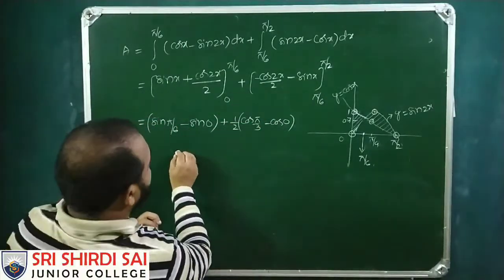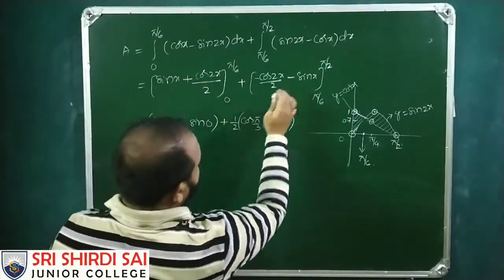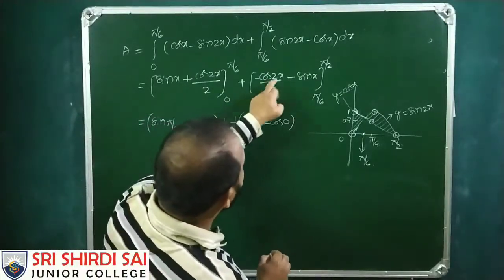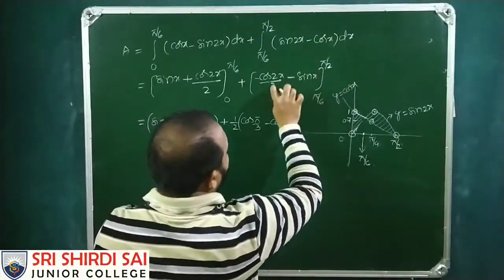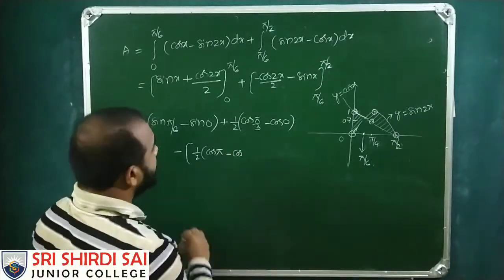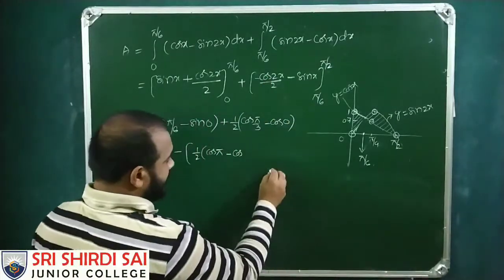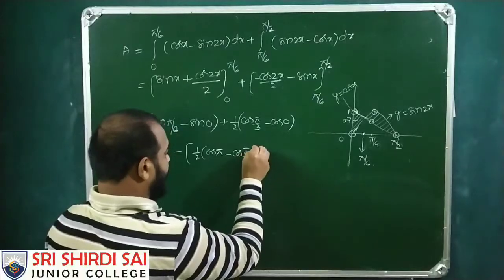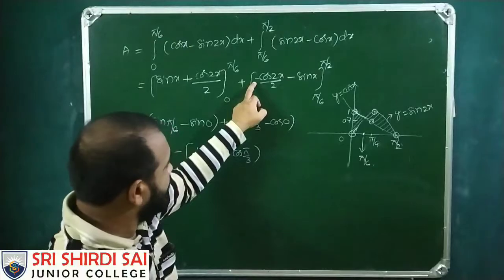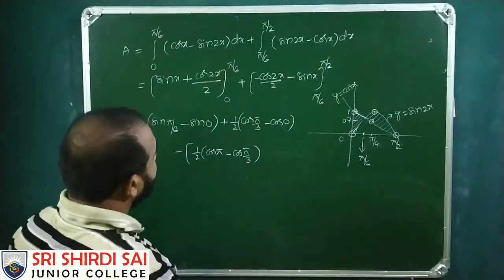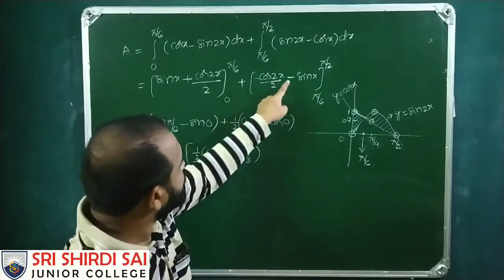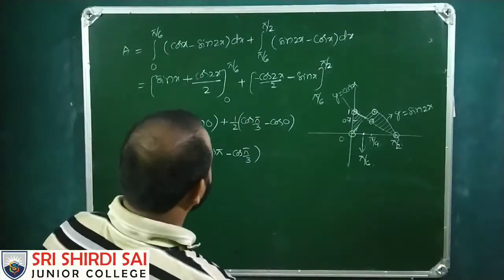So 1 by 2 into cos 2 into pi by 2, the 2 gets cancelled, I am left with pi, minus cos 2 into pi by 6, that is pi by 3 upper. So this is over, so this is minus of, therefore this will be plus into minus, minus.